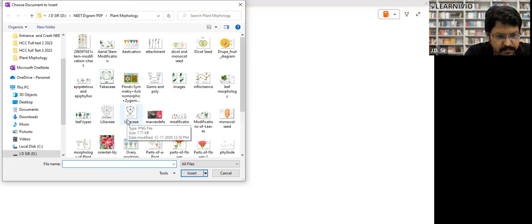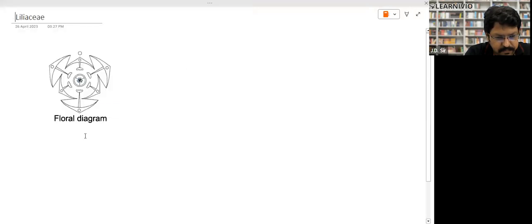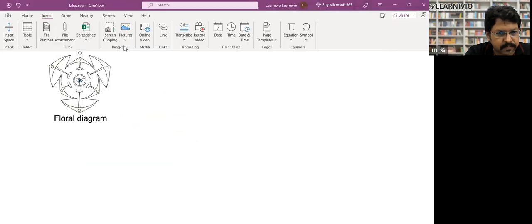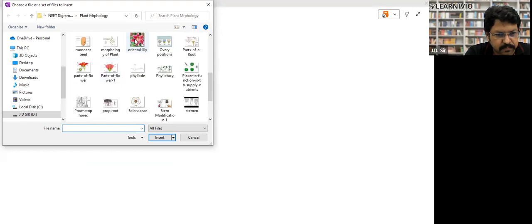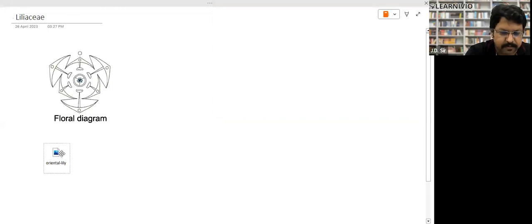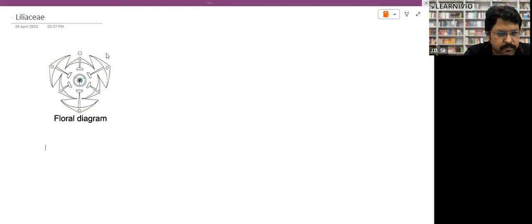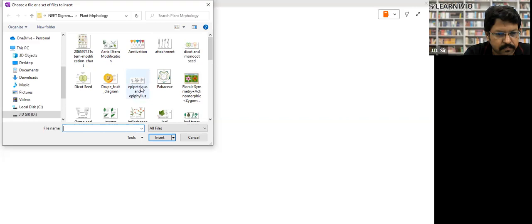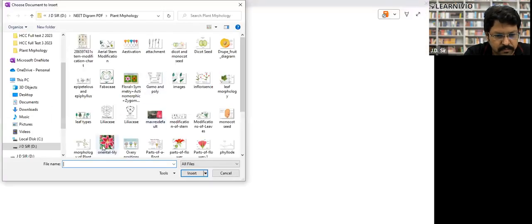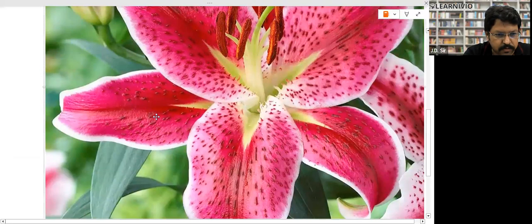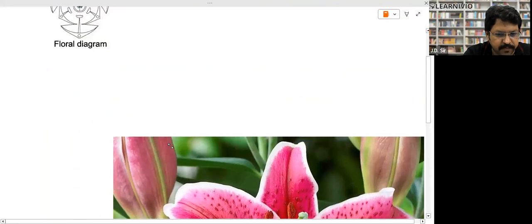Liliaceae. Look, this is the lily. Every one of you must have seen this one.